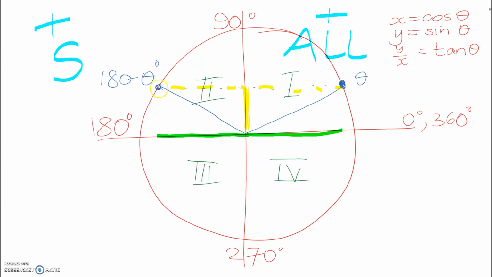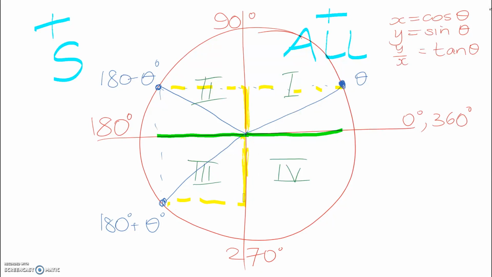Let's drop down over here to the third quadrant. So my angle here is going to be 180 plus theta. Now let's look at its y-coordinate. Look, that's a negative. It's all the way down there.